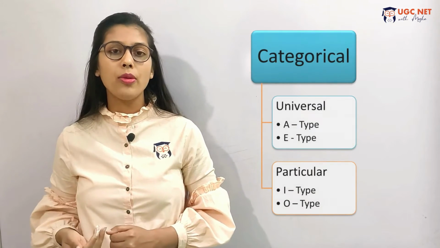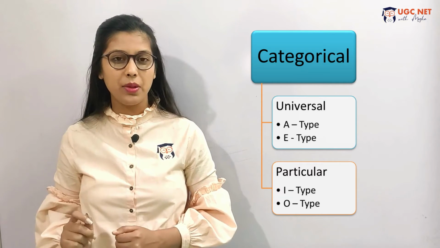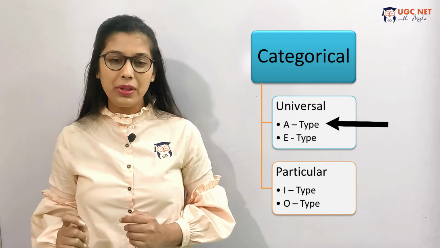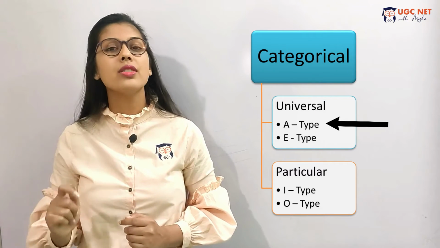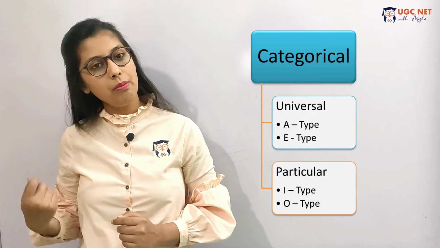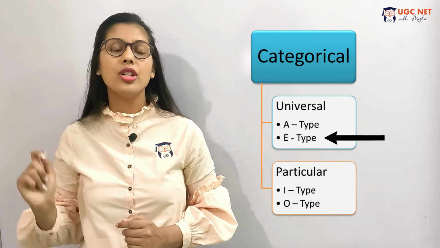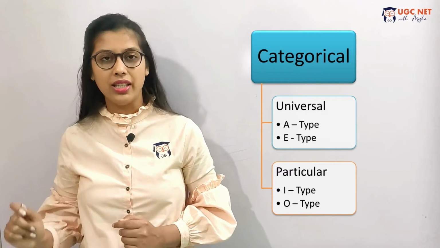Now universal proposition includes A-type statement and E-type statement. The A-type statement simply means a universal positive statement, that means all A's are B. And E-type statement means universal negative, that means no A is B.